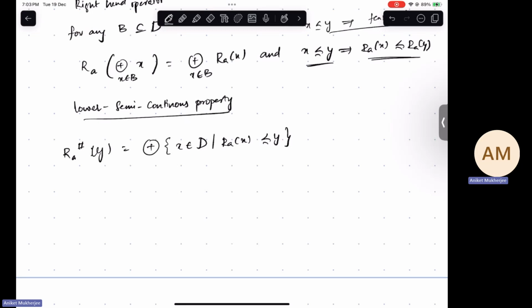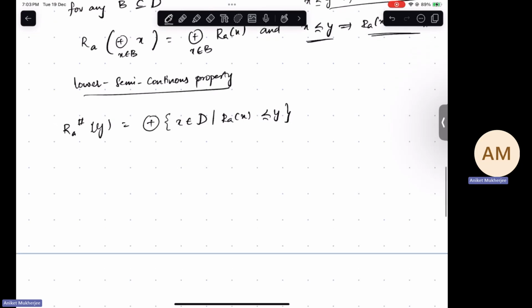This mapping is also well defined because the dioid that we are using is complete, and since it is complete, infinite summation is possible for all the elements of the dioid. So we say R_A, the function that we define, is the residuated mapping, and R_A hash is the residual mapping.